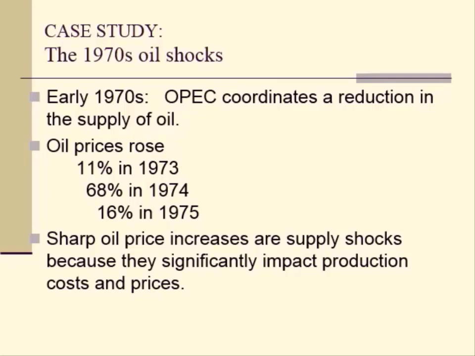In the early 1970s, OPEC coordinated a reduction in the supply of oil, and oil prices rose 11% in 1973, 68% in 1974, and 16% in 1975. Sharp oil price increases are supply shocks because they significantly impact production costs and prices by increasing costs and prices significantly.